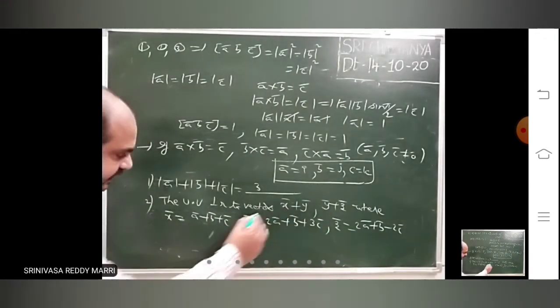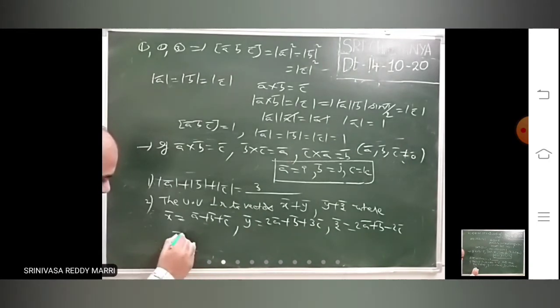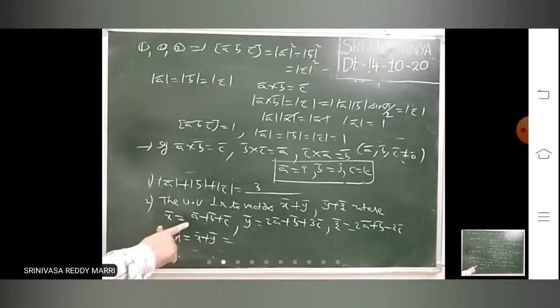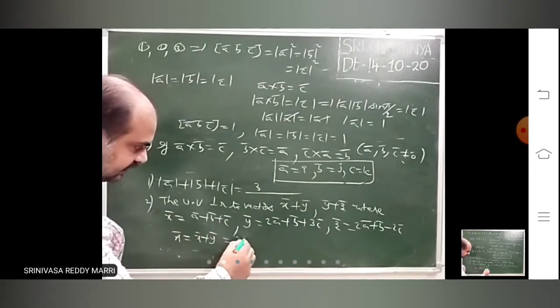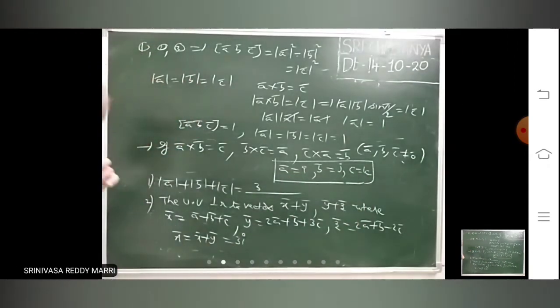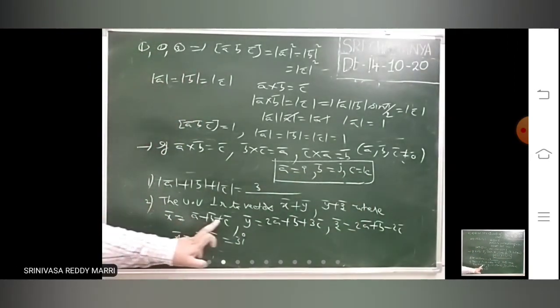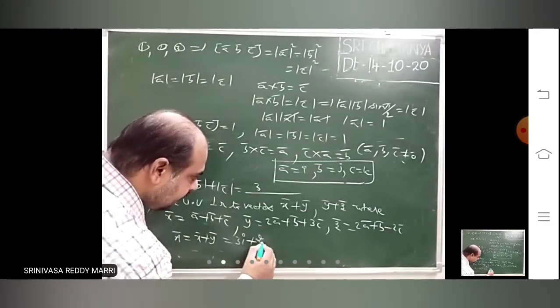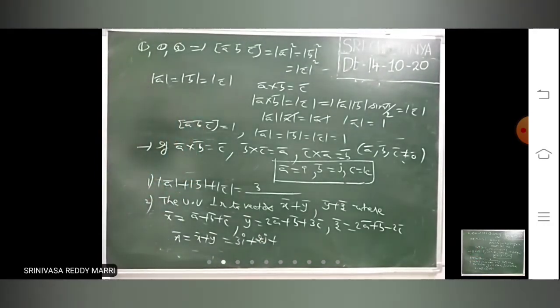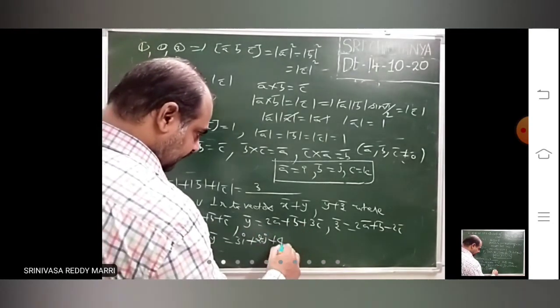So now take this A bar equal to x bar plus y bar. I am calculating that. A bar is I, B bar is J, C bar is K. X bar plus y bar means 3I plus 2J plus 4K.